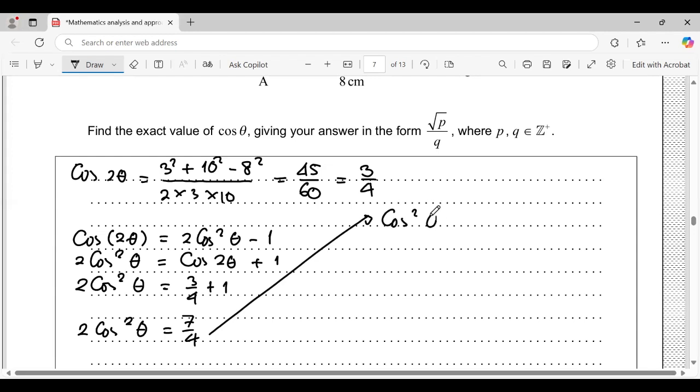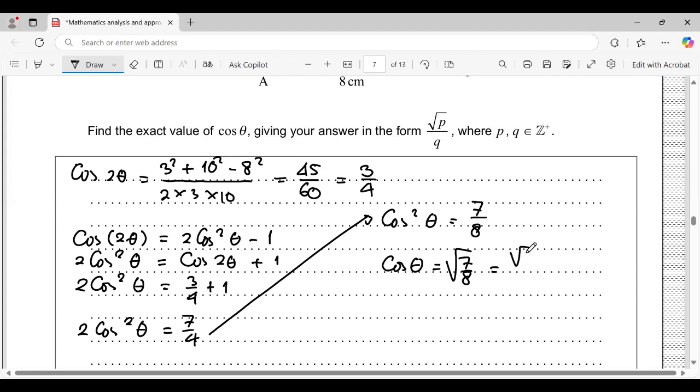Cosine squared theta equals 7/4 divided by 2 equals 7 over 8, because 4 times 2. So cosine theta equals square root of 7 over 8.